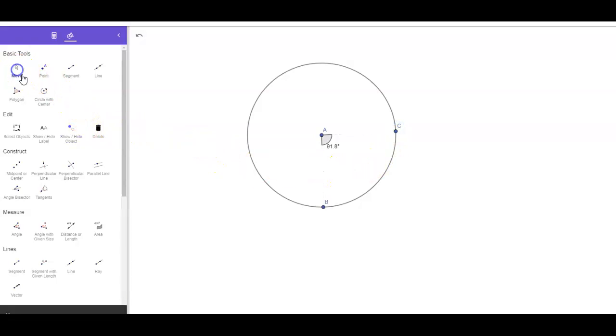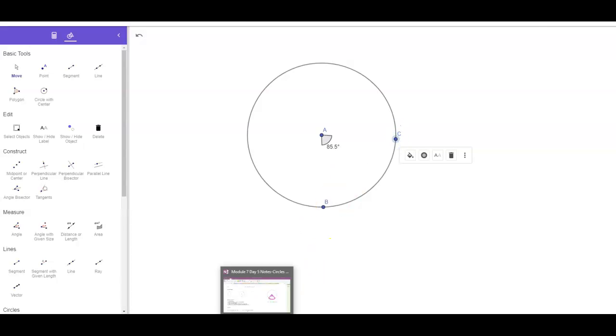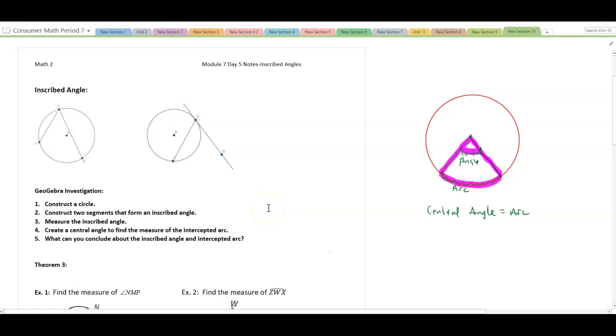When I hide them, you could still see the angle measure, but I'm going to measure something a little differently in a minute. So an inscribed angle is basically an angle whose vertex is on the circle.